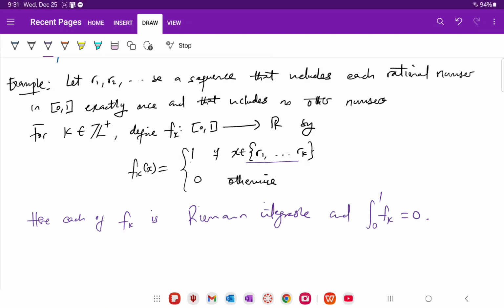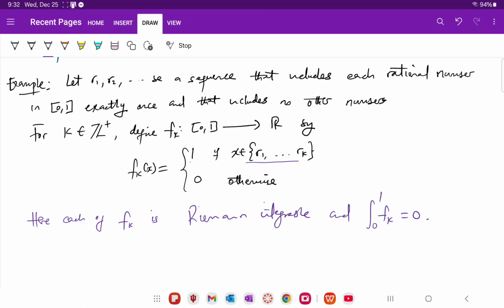That means the upper sum will be 0, and the lower sum, the infimum, will always be 0, whether it contains this point or not. So we can make the upper and lower Riemann sums equal to each other, and that shows that for each k, f_k is Riemann integrable.